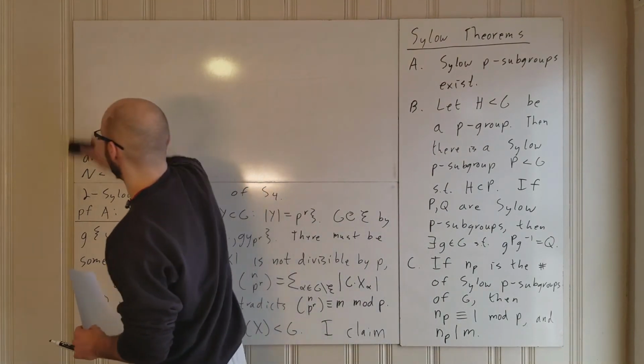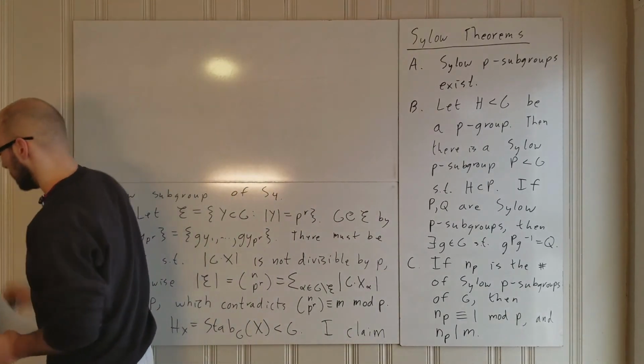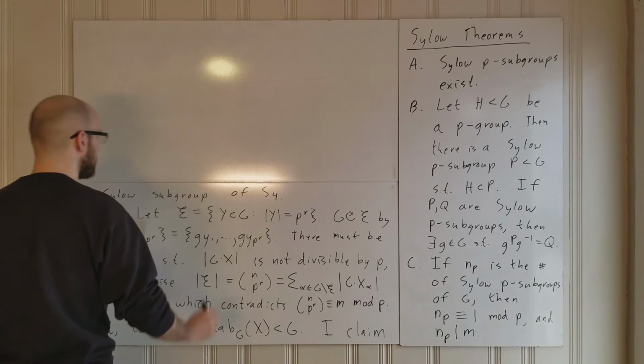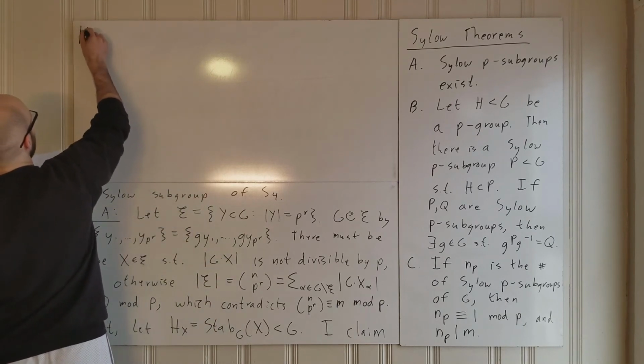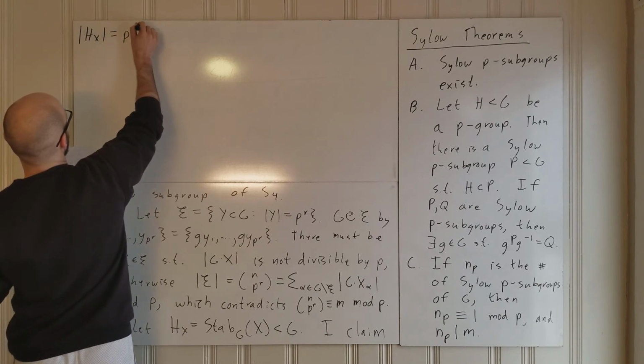It's a subgroup, and we want to find a p-Sylow subgroup, so I claim it's a p-Sylow subgroup, i.e. I claim that the size of H_X is equal to p to the r.